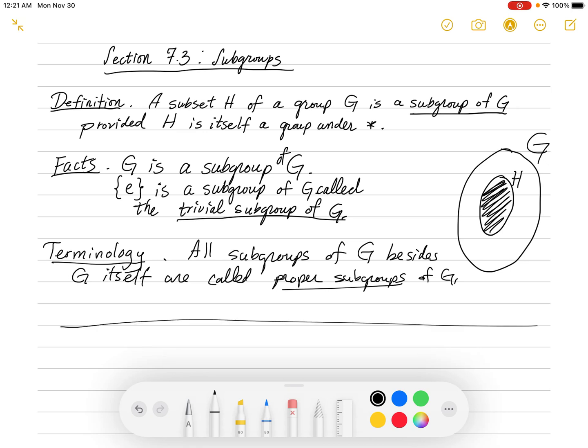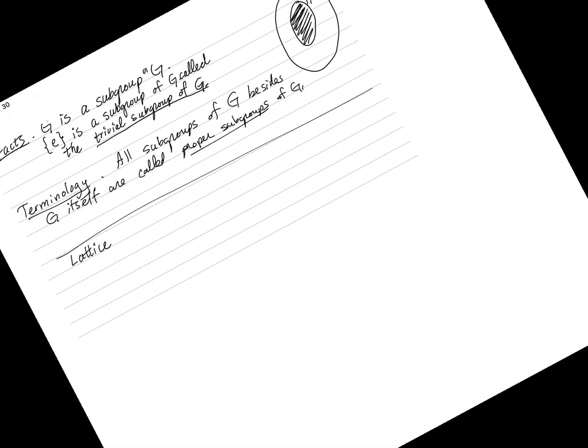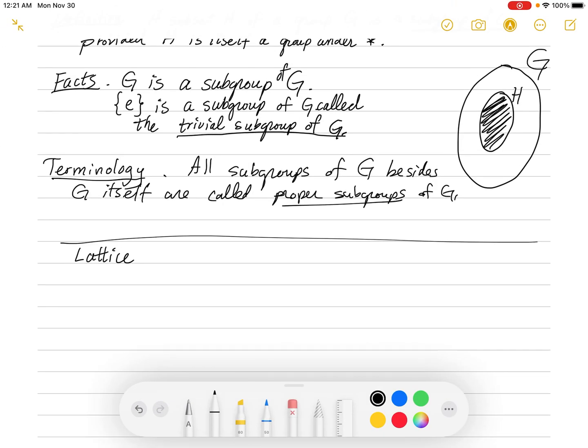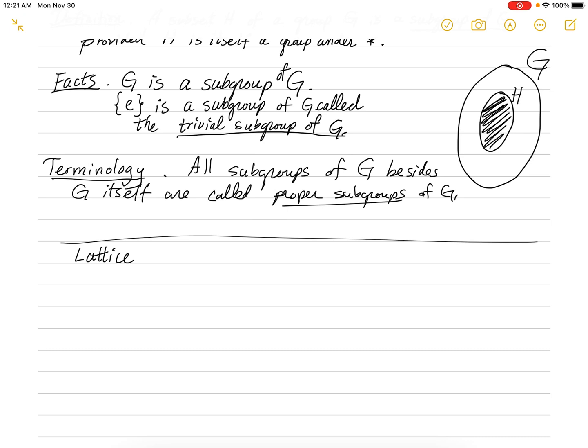So I want to draw some what are called lattice diagrams of subgroups. So a lattice is a diagram, basically, that shows you how subgroups are subgroups of other groups. Okay.